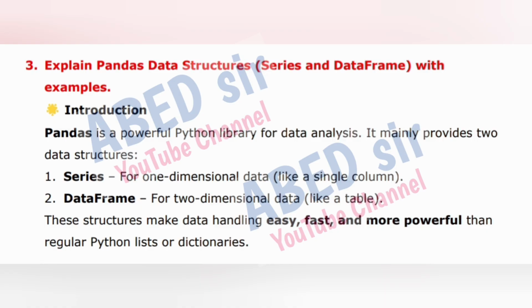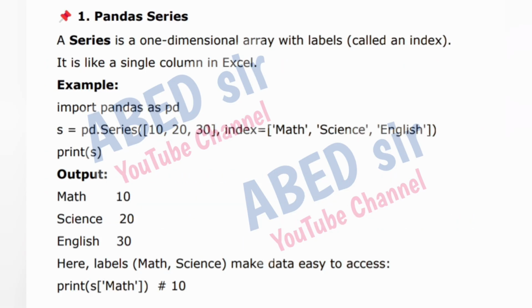DataFrame, for two-dimensional data, like a table. These structures make data handling easy, fast, and more powerful than regular Python lists or dictionaries. 1. Pandas Series. A Series is a one-dimensional array with labels, called an index.